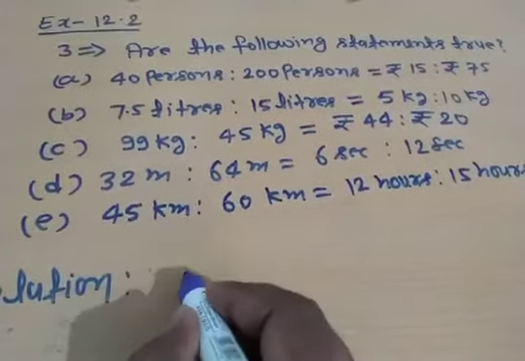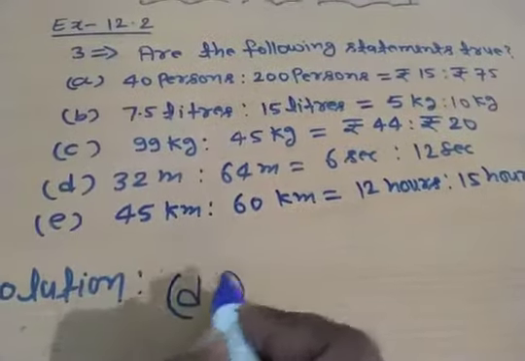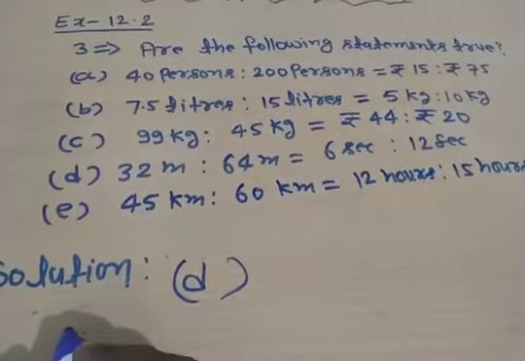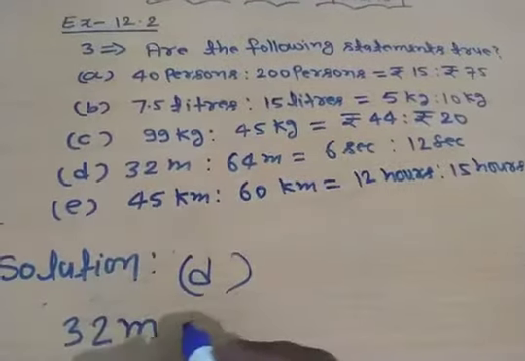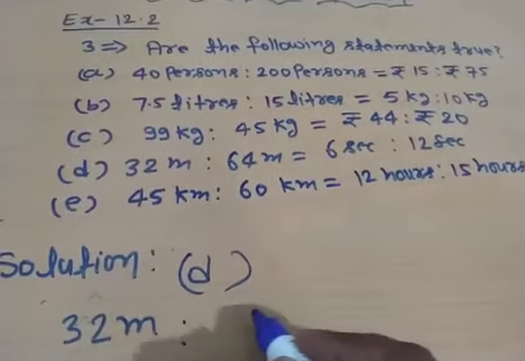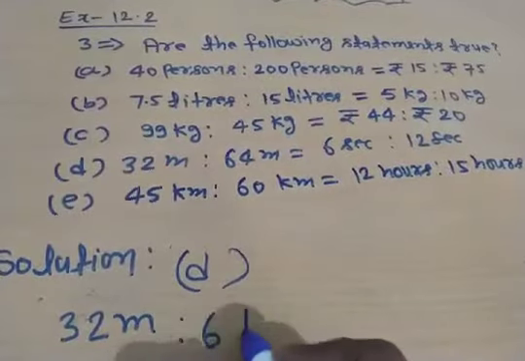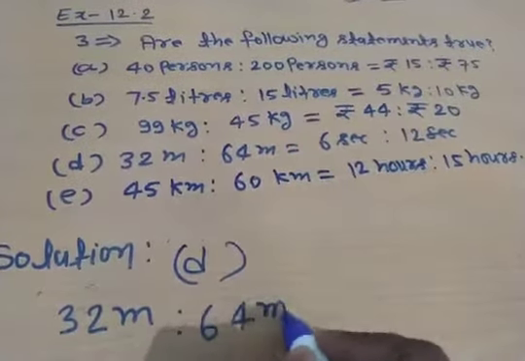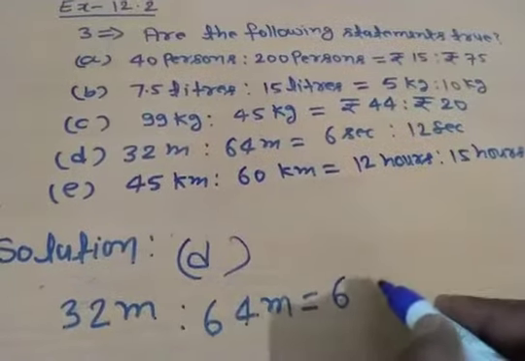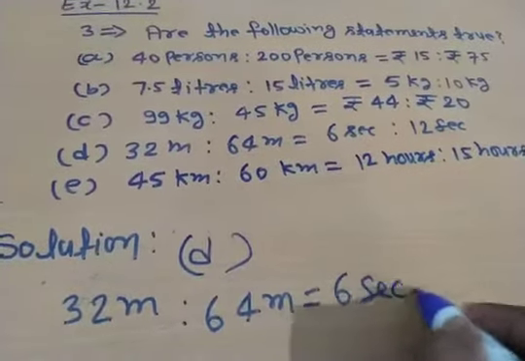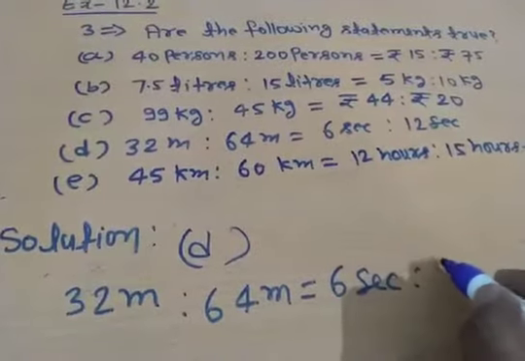This is D part. This is given 32 meter ratio 64 meter is equal to 6 second ratio 12 second.